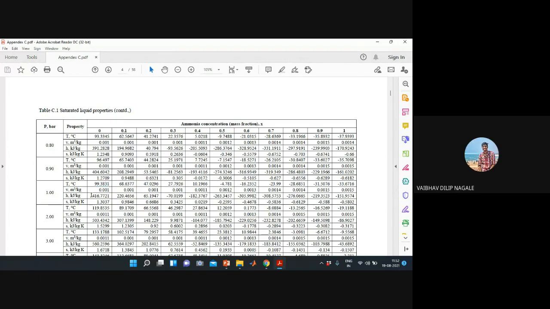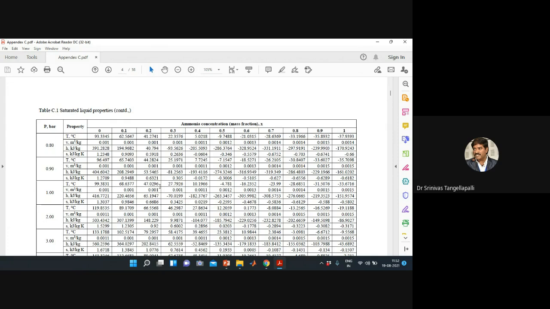It is the boiling point of water, because that is x equal to 0. The boiling point of water is 100 degrees centigrade at 1.01325 bar. Since this pressure is slightly less, the boiling point is also less than 100 degrees centigrade.